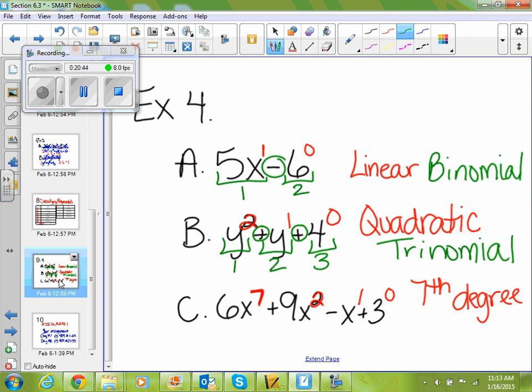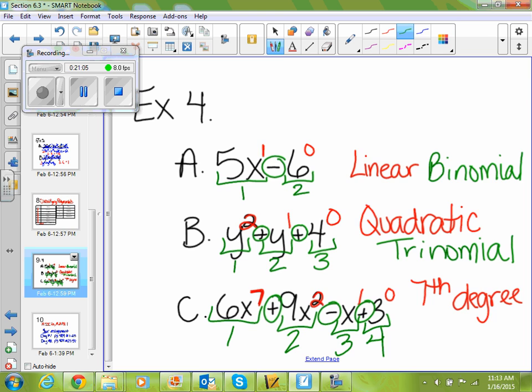Next, I need to classify it based on the number of terms. Okay, I have 3 plus or minus signs. Therefore, I have 1, 2, 3, 4 terms.